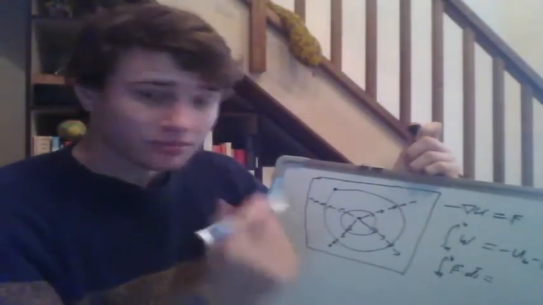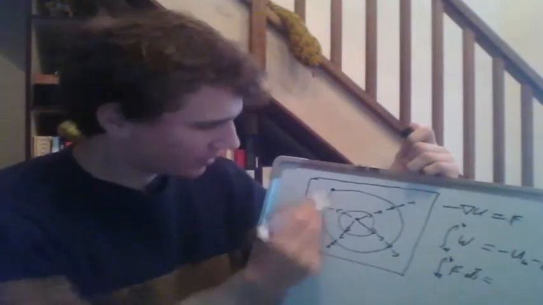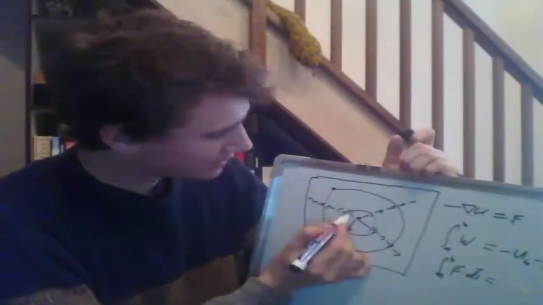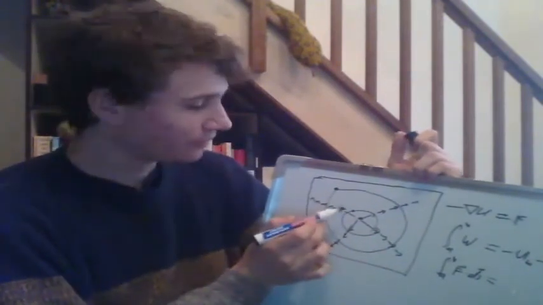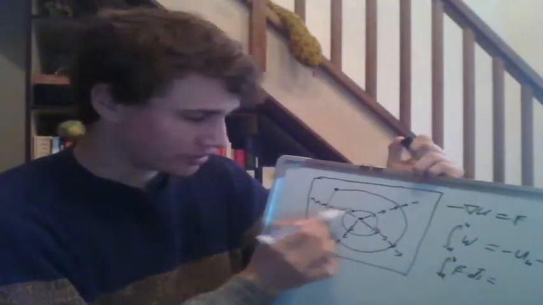But now, say I don't want to go along a contour line, because that's boring. I want to know what this contour line's potential is. So I take this point, and then I take any point on this circle. The easiest is going to be there. If I can work out the difference in potential energy there, and I define this point to be 0 energy, that will just give me the potential energy there.